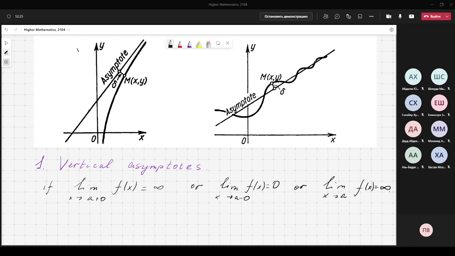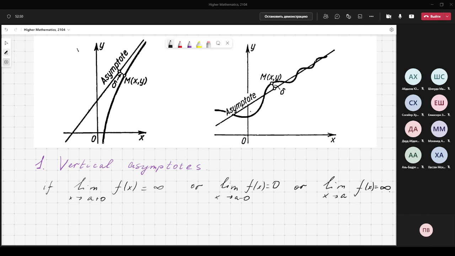Consequently, to find vertical asymptotes, one has to find values x equals a such that when they are approached by the function y equals f of x, the latter approaches infinity. Then the straight line x equals a will be a vertical asymptote.